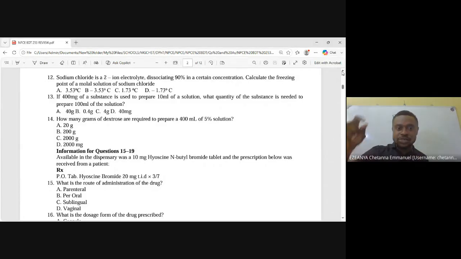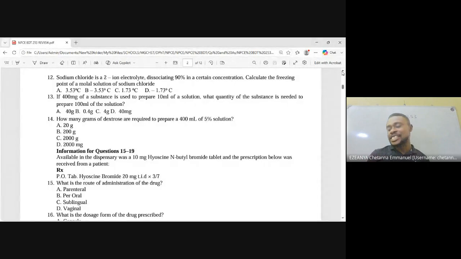It's like sodium chloride. If you add it inside water to form sodium chloride solution, sodium chloride dissociates rapidly. In fact, it dissociates even up to 90%, 80% in water.